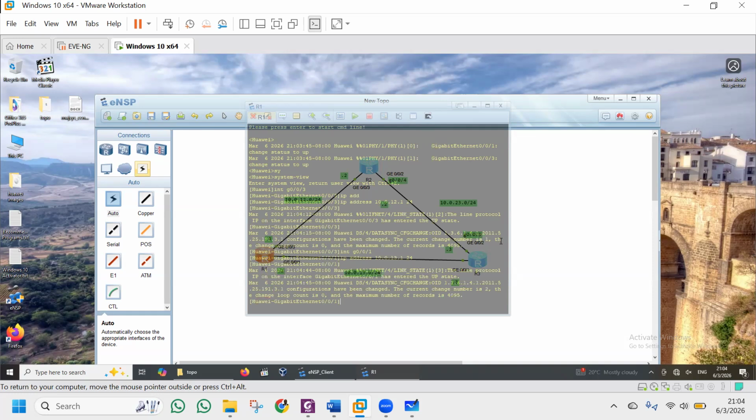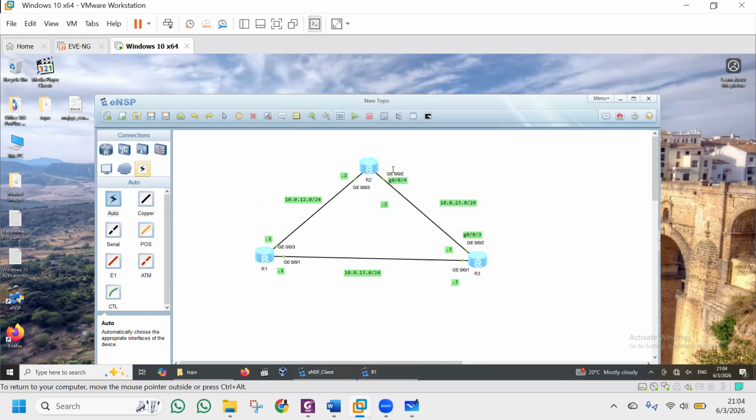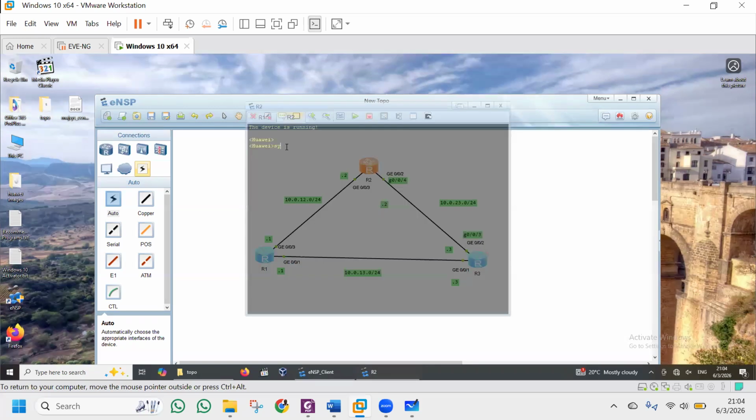This one is done. Then we go to router 2. It's actually this simple. System view, GigabitEthernet, let's start with 0/0/3.